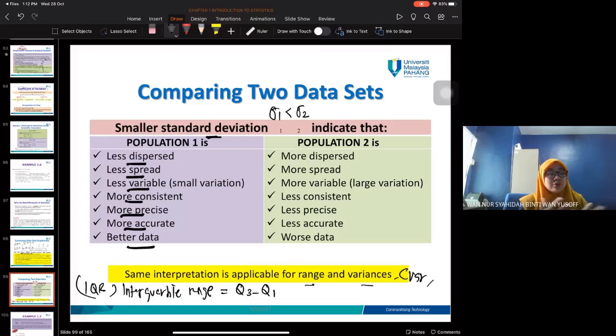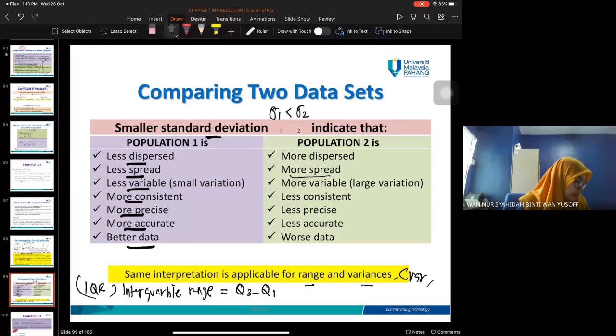If we say which data is more accurate, it means that we need data with the smaller variability. If we say which data is more separate, it means that we need the data with larger variability. That one you have to master. You have to be well known with the terms that we use here.